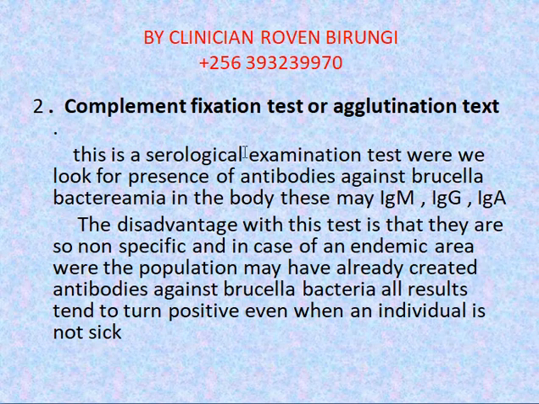When Brucella enters the body, our body produces antibodies against it. So in these tests, we are trying to find out whether our body has already produced those antibodies against Brucella. These antibodies may be IgM, IgG, or IgA.